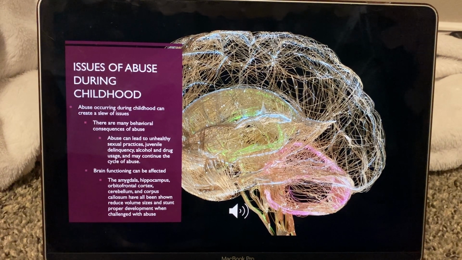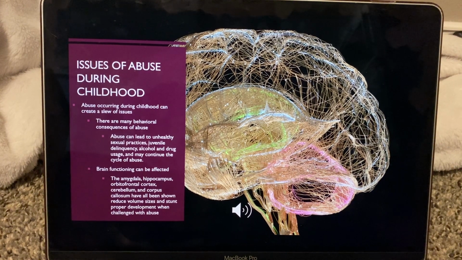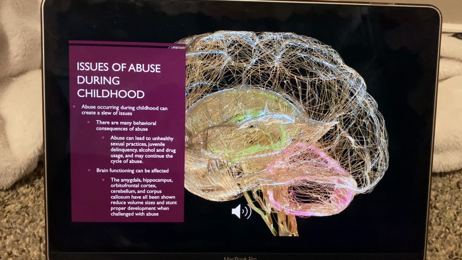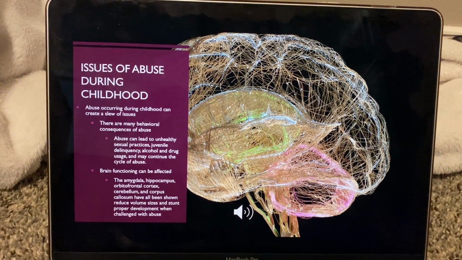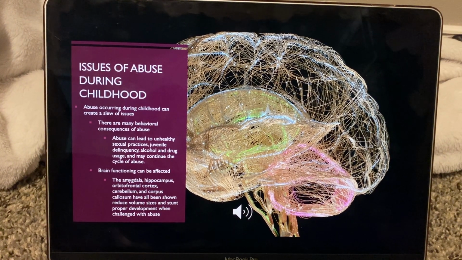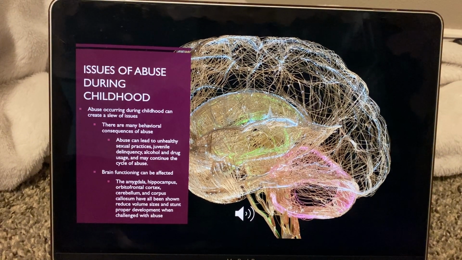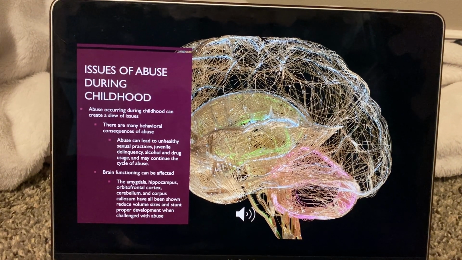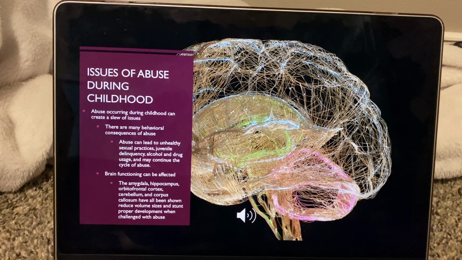Abuse can lead to unhealthy sexual practices, juvenile delinquency, alcohol and drug usage, and then they may continue the cycle of abuse, unfortunately. But during this period, brain functioning can be altered. The amygdala, hippocampus, orbitofrontal cortex, cerebellum, and corpus callosum have all been shown to reduce in volume and stunt proper development when faced with abuse.